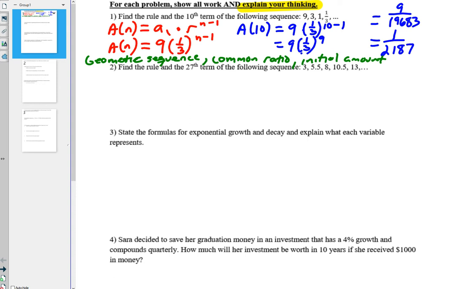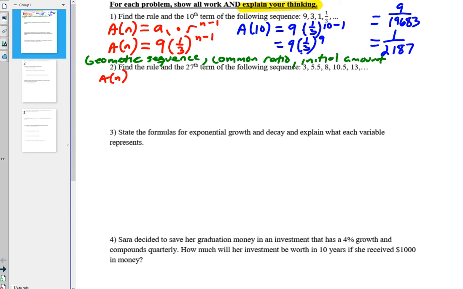Equation. Find the equation. Find the function. Really, most places call it find the function rule. So sometimes they'll say definition, explicit rule. So find the rule for, and then find the 27th term. So let's first find the rule. In order to find the rule, we need to figure out the type of sequence. What type of sequence does it appear to be?